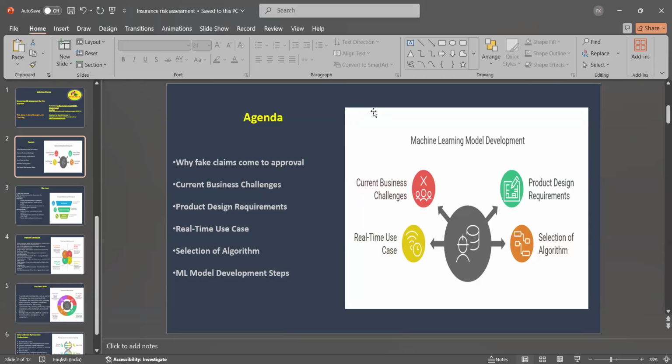Then the real-time use case we use in this model development, where we select the ML algorithm to make a model, and then I give you the ML model development steps.